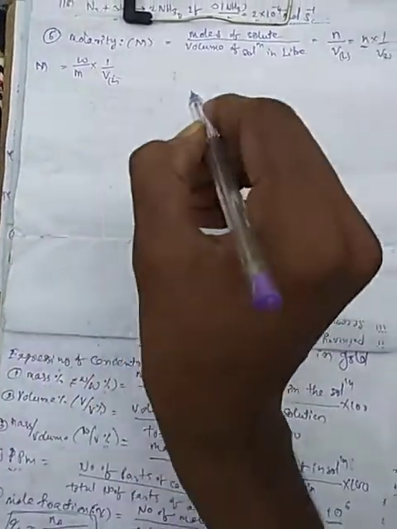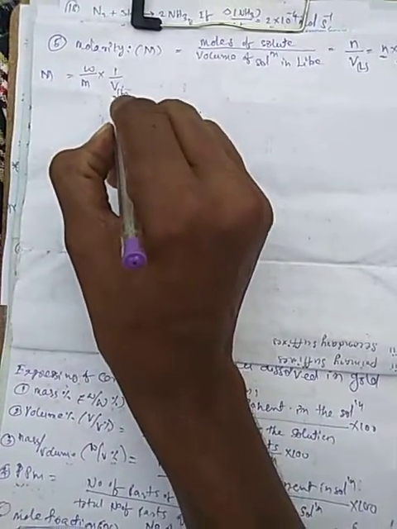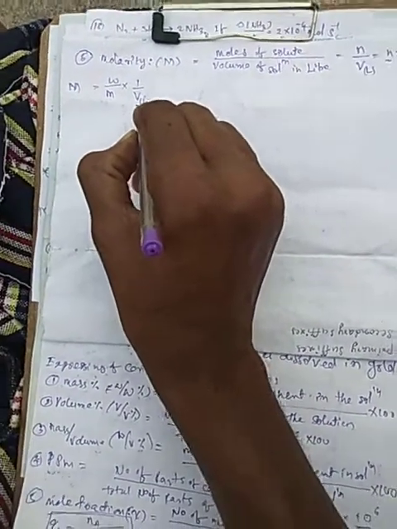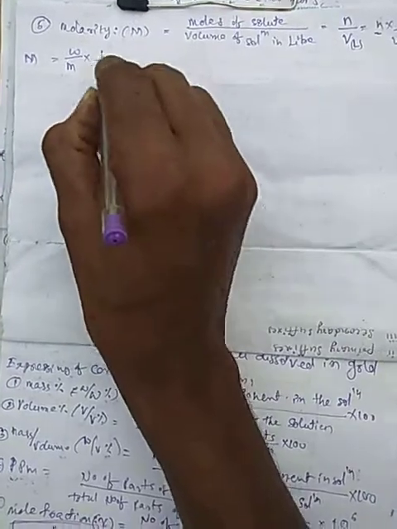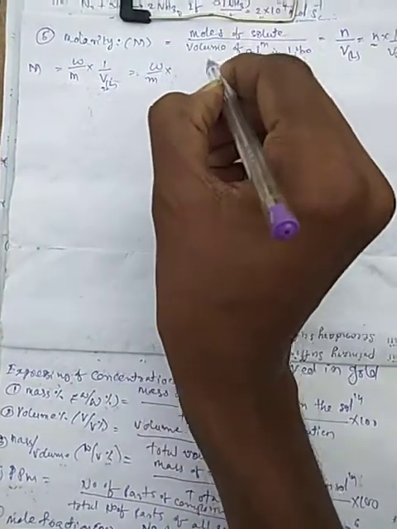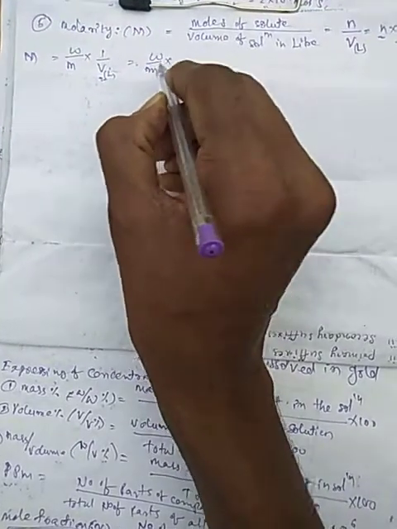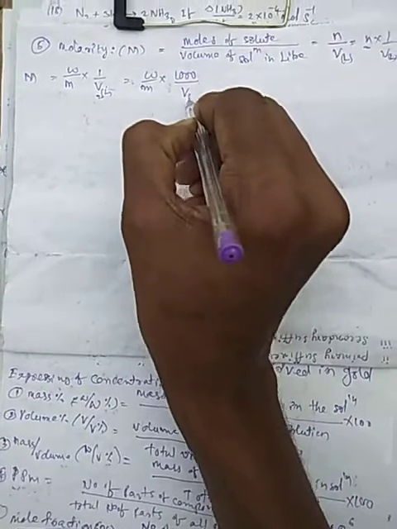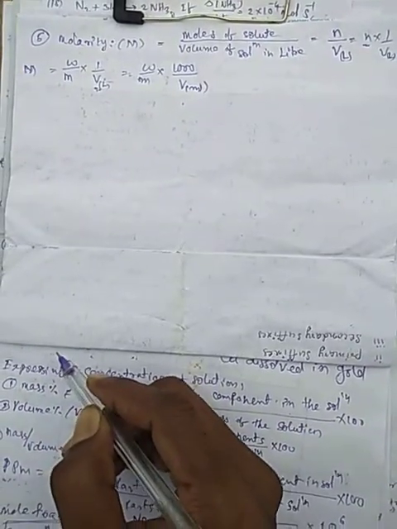If we change to ml, the formula becomes weight by molecular weight into 1000 by V in ml. This is the formula we can use for the calculation.